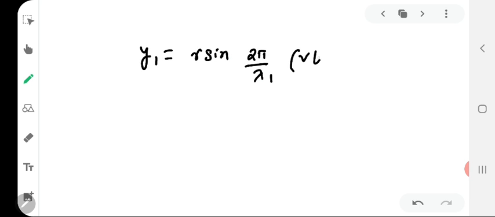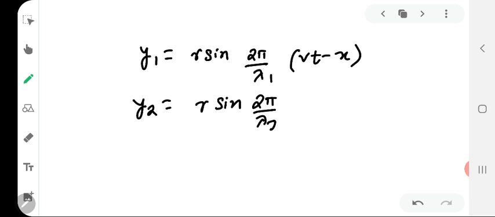Then we may write y1 equal to r sin 2π/λ1 (vt − x), and y2 equal to r sin 2π/λ2 (vt − x).